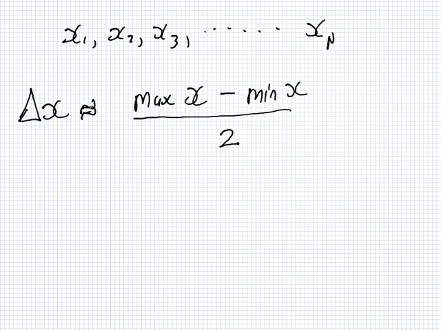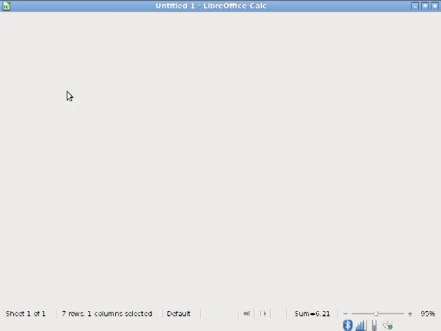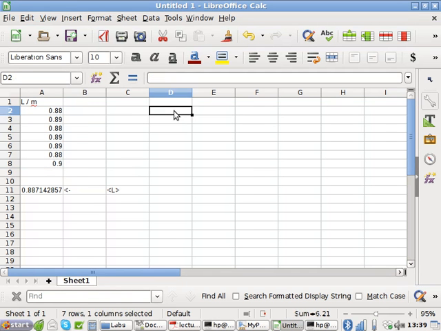Now that's the easiest way to calculate it. So if I was to use that one, delta x, what's the biggest value here? 0.89 or 9, and the smallest one? 88 divided by 2. So that's my first one.